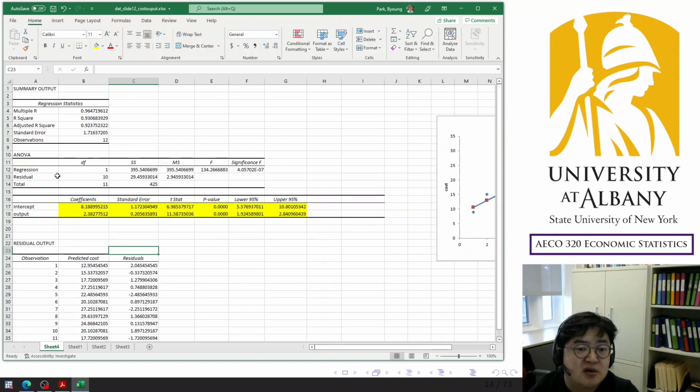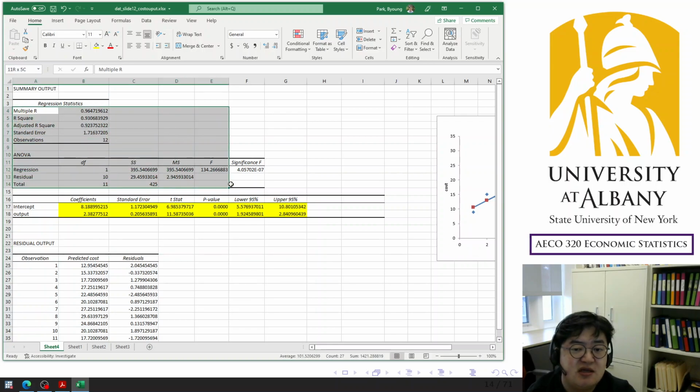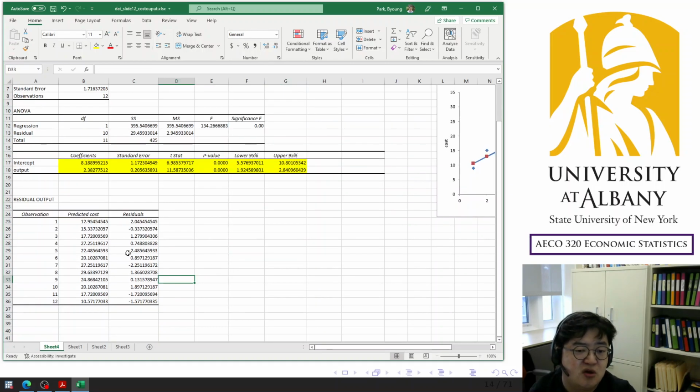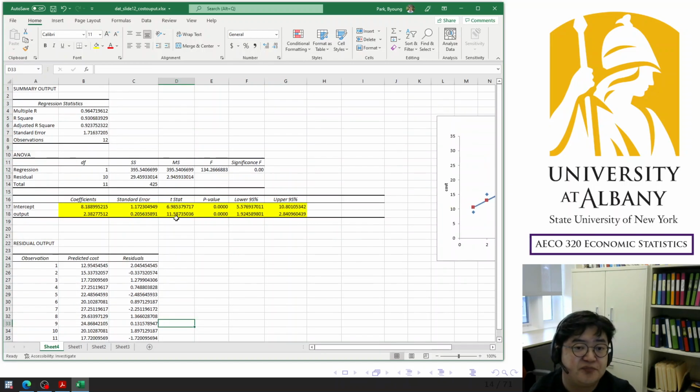And later, we are going to study these things. These tables. The goal of this chapter is to understand some of these things. And also, we are going to utilize this table. Something we can understand first here is the number of observations. Number of observations is 12, right?